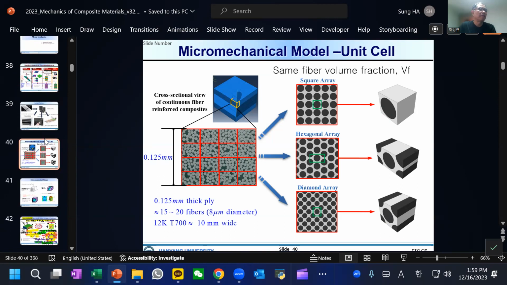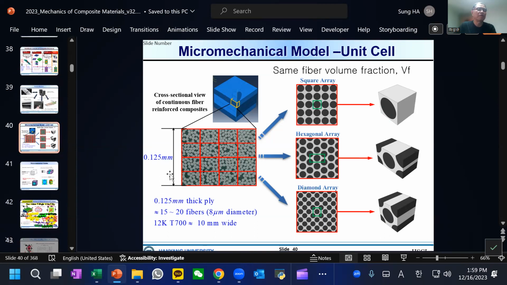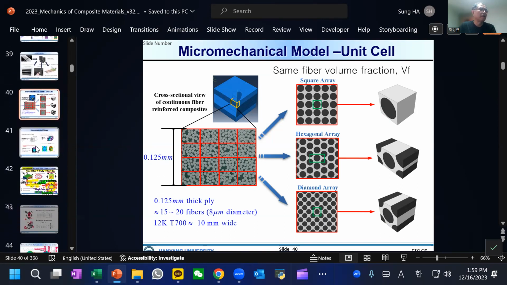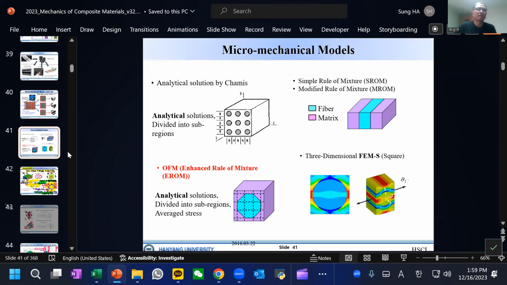This is just for the purpose of a theoretical derivation. Sometimes, rather than a circle, which is very complicated mathematically, you use the octahedral fiber mix arrangement.